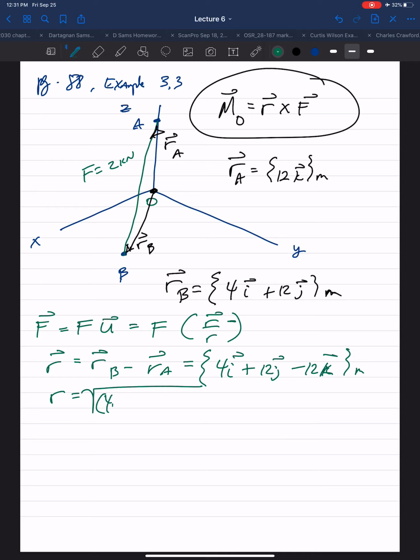So it'll be 4 meters squared plus 12 meters squared plus negative 12 meters squared, right?